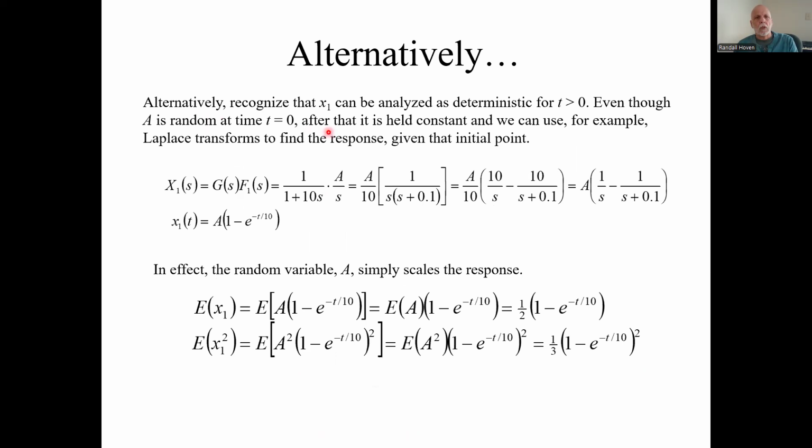Alternatively, you can recognize that X1 could be analyzed as a deterministic signal. That A, that uniform distributed thing, was like a constant input, but a random constant input. Once you get past time zero, it's just a constant.